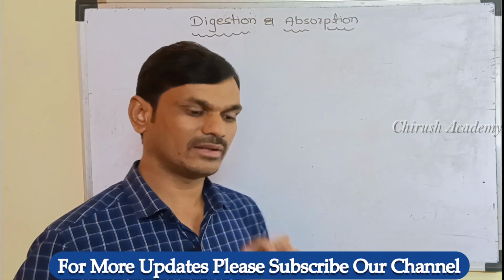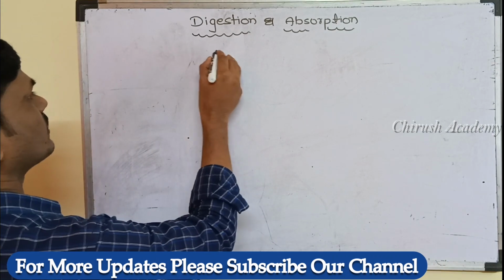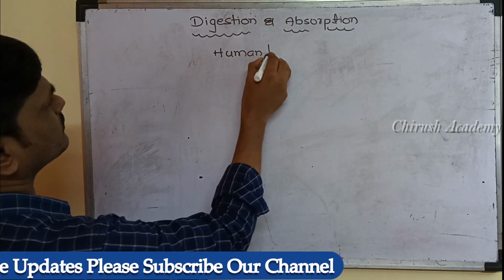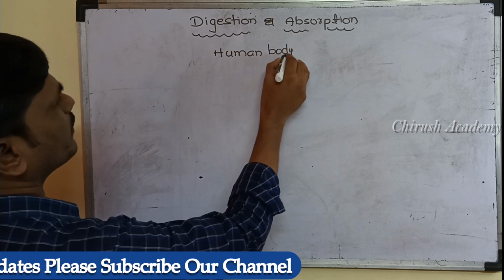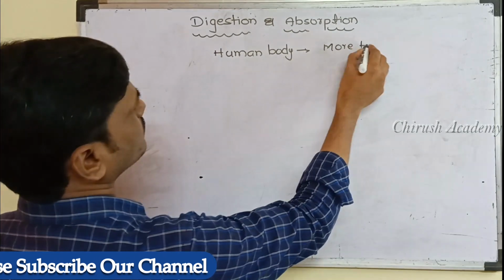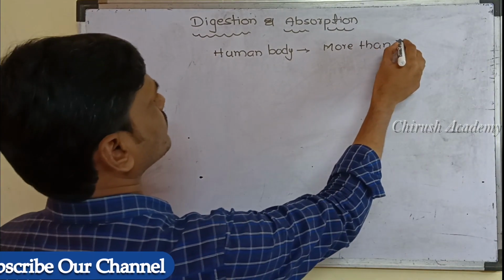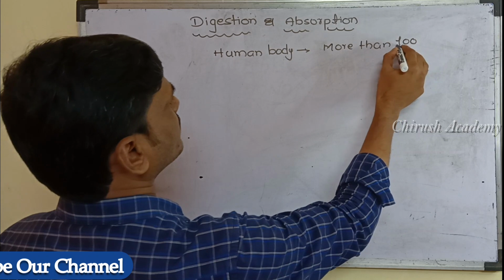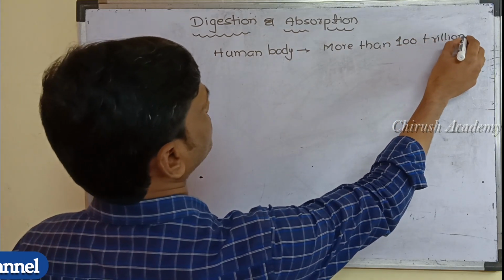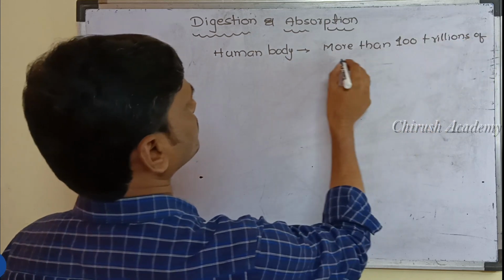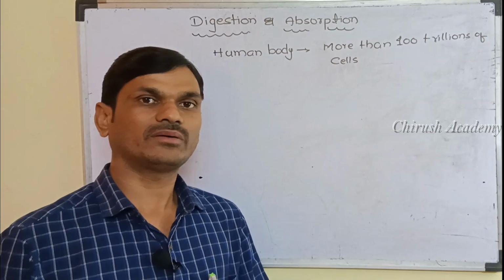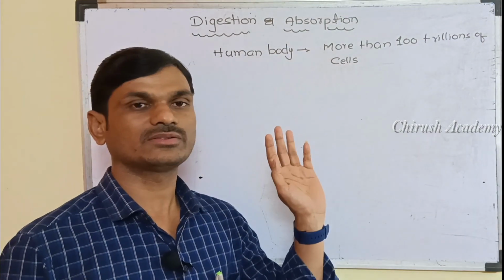The human body is made up of more than 100 trillion cells.